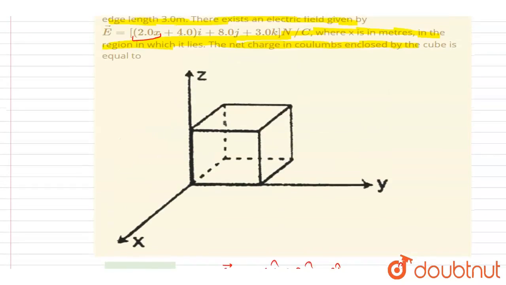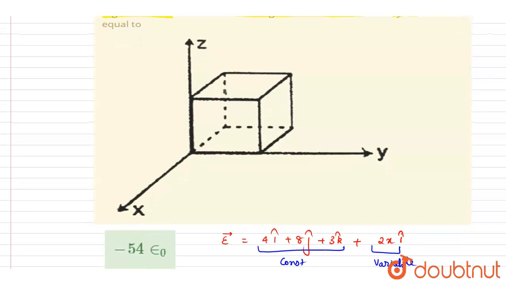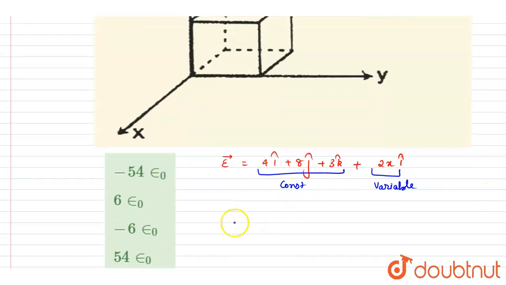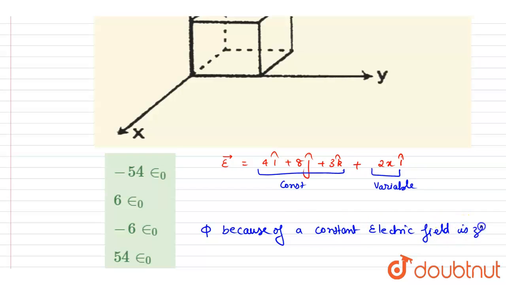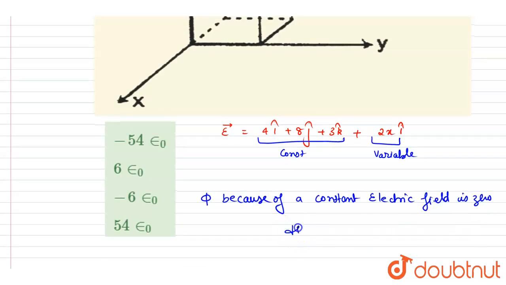We know that the flux because of a constant electric field is 0 through an enclosed surface. So let me write this down.